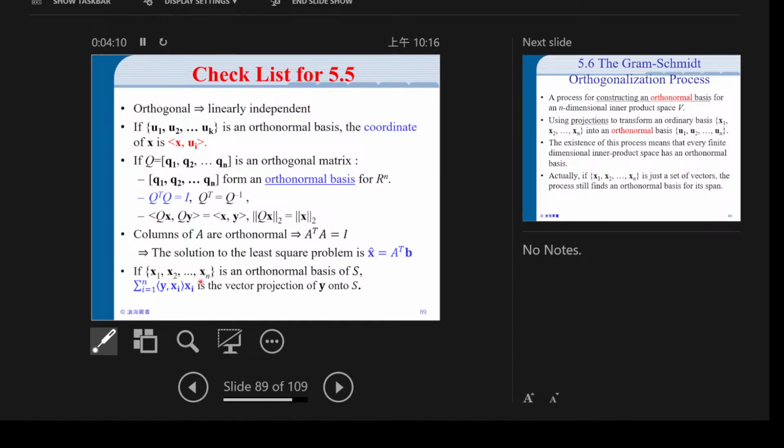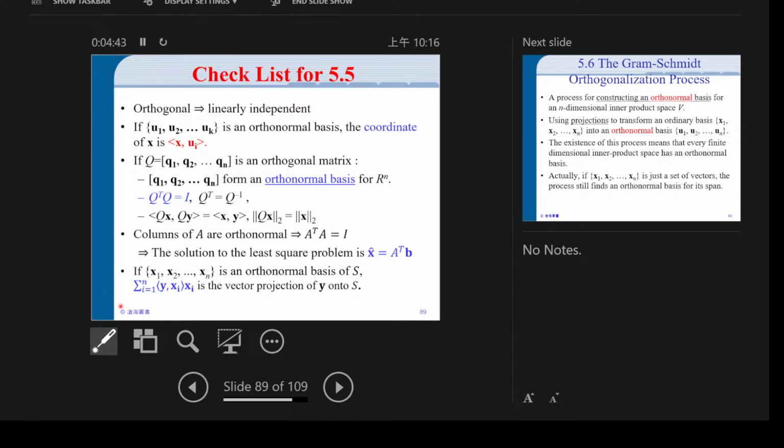So we have a set of vectors that form an orthogonal basis for S. Then there is an easy way to find a projection onto the space spanned by those vectors. If you have some y you want to project, the coordinate on this subspace is the same as before: you take an inner product between y and those xi, and multiply by your xi. Okay, so that's the idea.